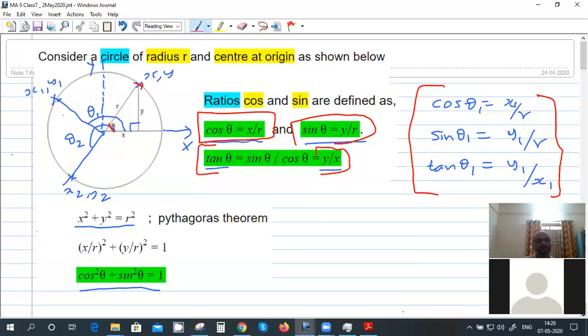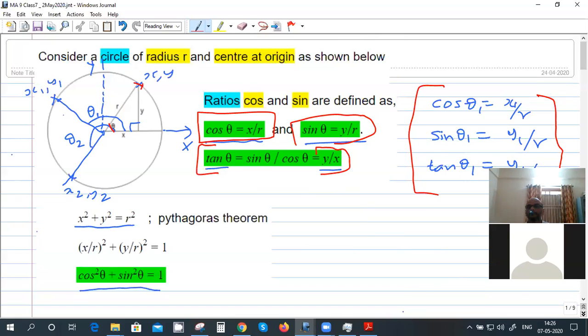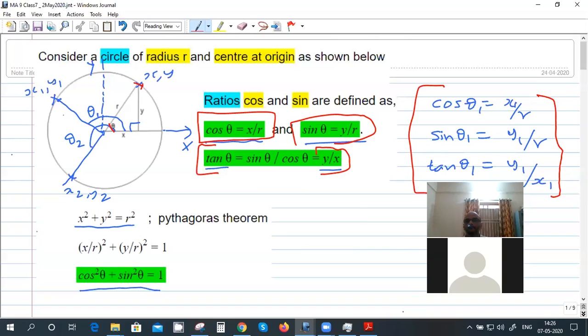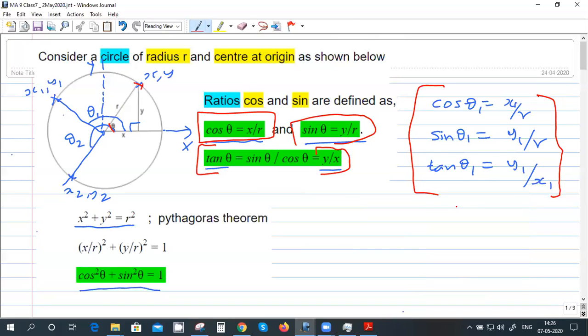Similarly, the angle can be in the third quadrant, theta 2. So cos theta 2 is how much now? The coordinate is x2, y2. So what is cos theta 2? x2 by r, and sine is y2 by r. Tan theta 2 is y2 by x2.